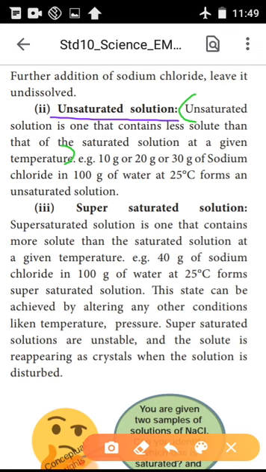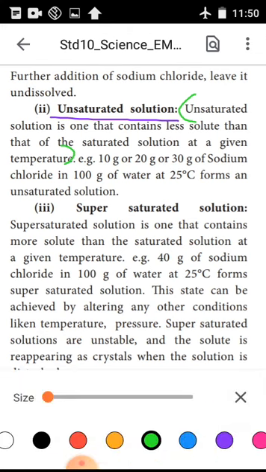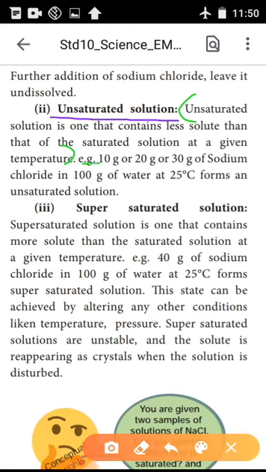And see the examples. If you are taking 10 gram or 20 gram or 30 gram of sodium chloride, here sodium chloride is the solute particle. Compare this amount of solute to the saturated solution, it is very much lesser.